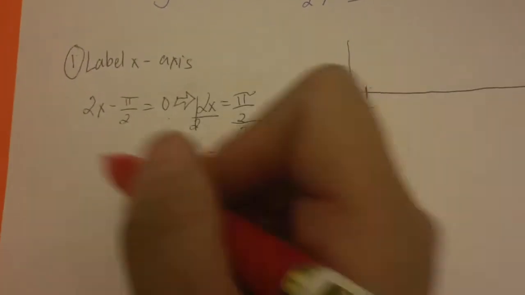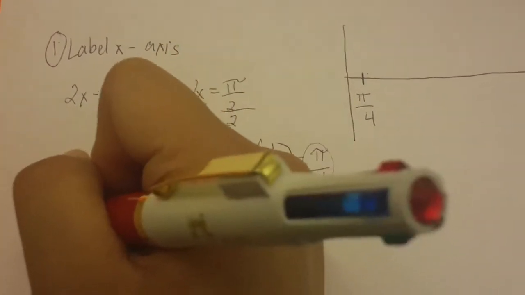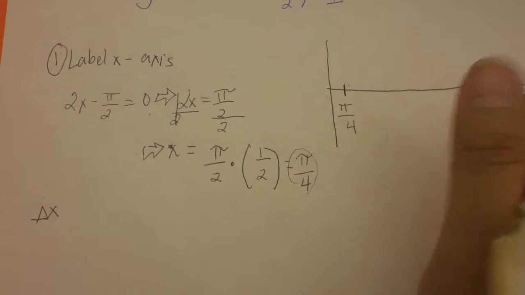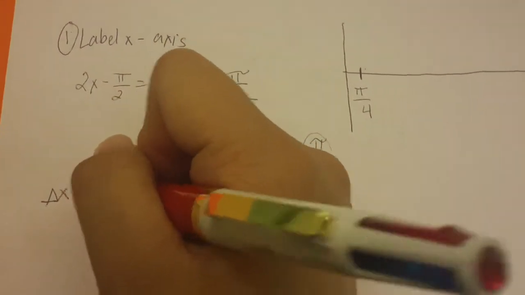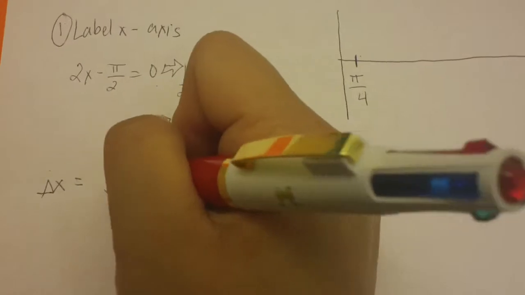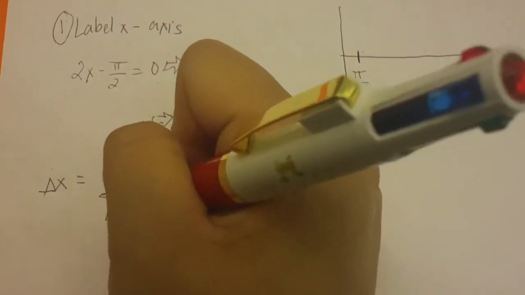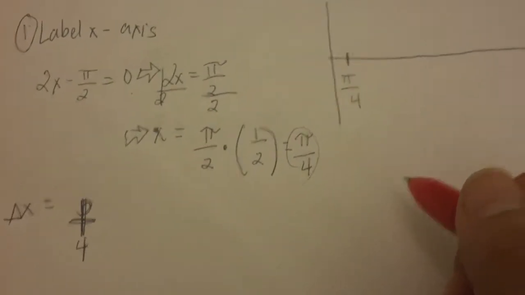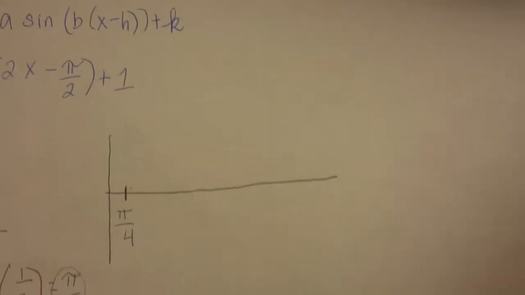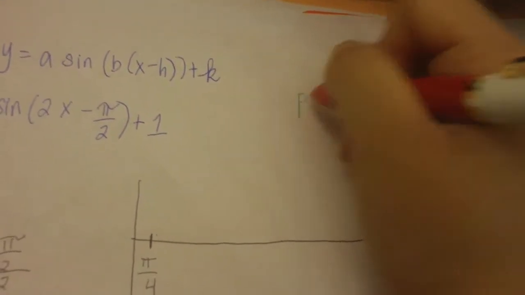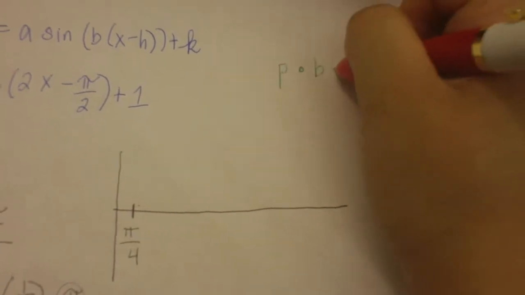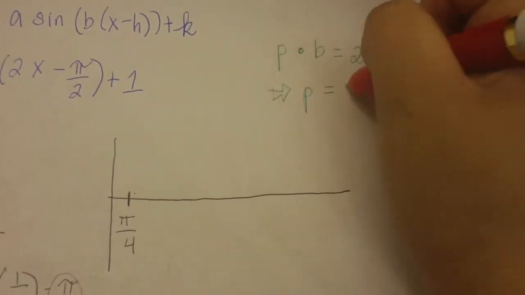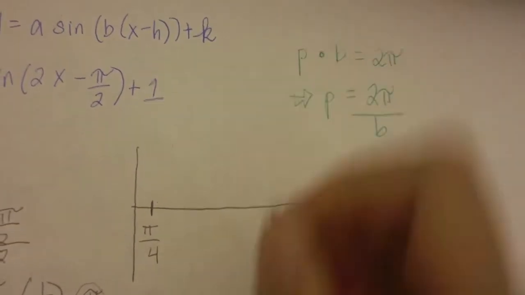Okay. After that, you need to find your delta x. So delta x is the length of each segment of your tick marks. Alright? And remember, we get delta x by taking period divided by 4. Remember what we learned about angular frequency and period? So let's make a little note up here. Remember, period times angular frequency is equal to 2 pi, which means that period is equal to 2 pi over your angular frequency.